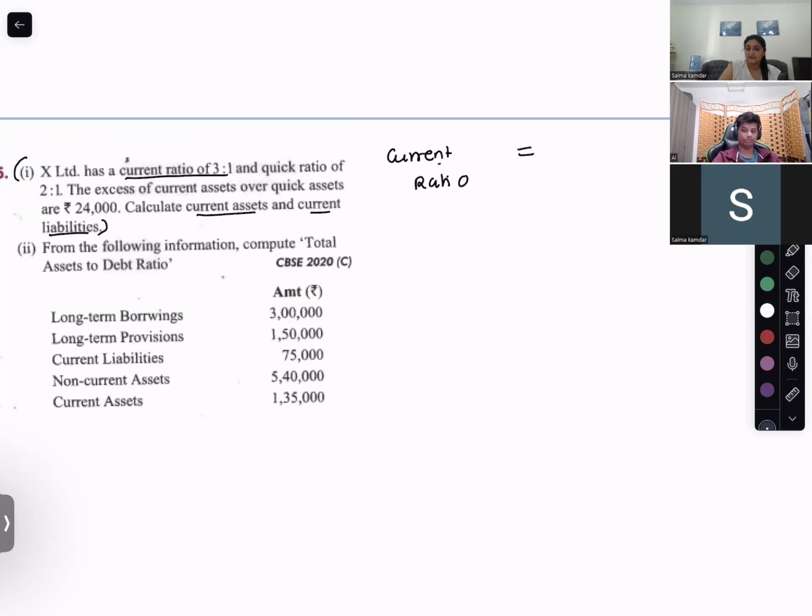Current ratio formula: current assets upon current liabilities. So we say 3/1 is equal to current assets over current liabilities.